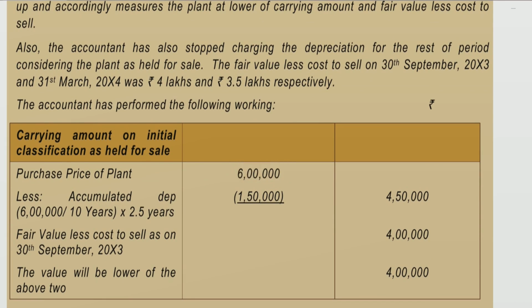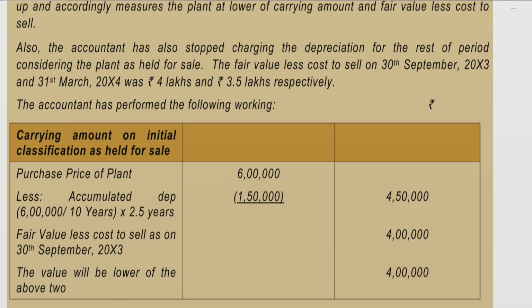Look at this purchase price, and life being 10 years, you divide 6 lakhs by 10 years. And 2.5 years have passed up to that date, so accumulated depreciation is 1,50,000. This is the carrying amount, and fair value less cost to sell on the date when they have classified it as held for sale is 4 lakhs. Lower of these two values they have considered as 4 lakhs.